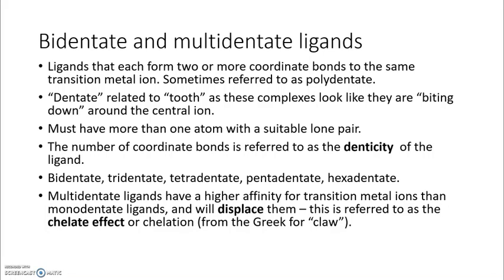And so they will tend to displace monodentate ligands and completely encapsulate your transition metal ion. This effect is known as chelation, or the chelate effect, which comes from the Greek word for claw, because these multidentate ligands, when they bind to a transition metal atom, they kind of look like claws holding around that ion in the middle.